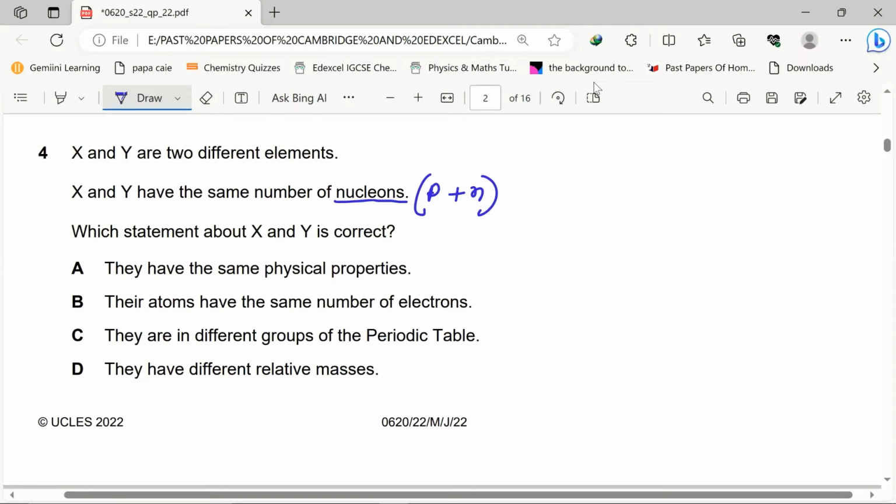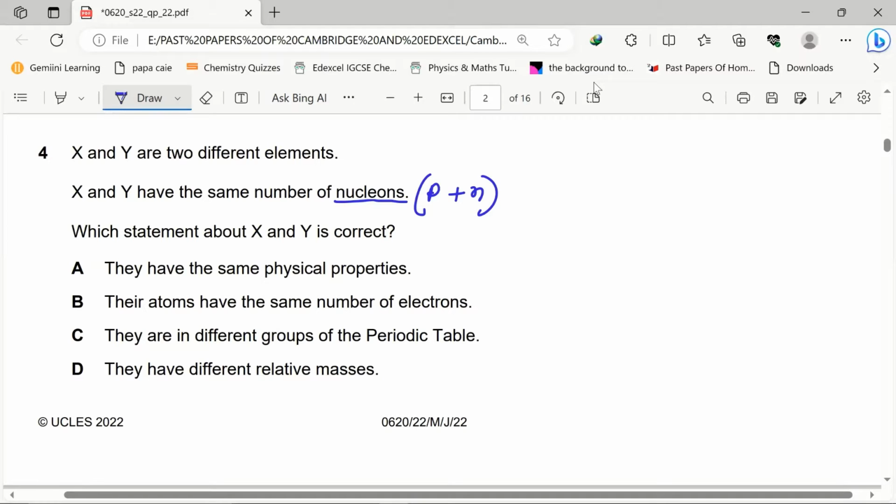Their atoms have the same number of electrons. Since they have the same nucleon number, we don't actually know whether they have the same number of electrons or not, because electron number depends on the atomic number, or number of protons. They are in different groups of the periodic table, and they have different relative masses.